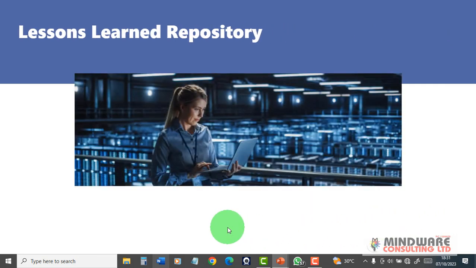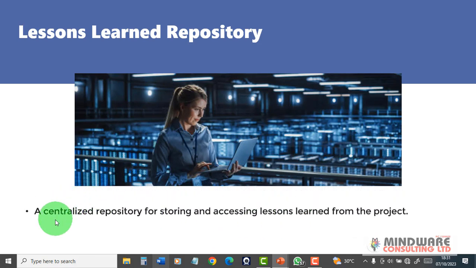So next is lessons learned repository. So this is a centralized repository for storing and accessing lessons learned from the project. Now we've looked several times at the organizational process assets. All right, these are simply a database of lessons learned.